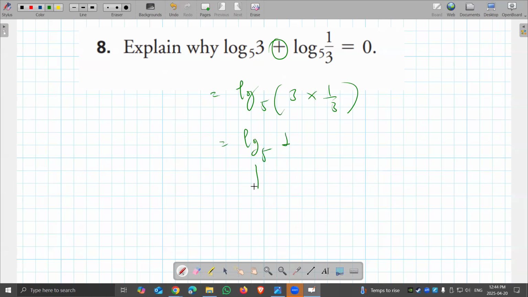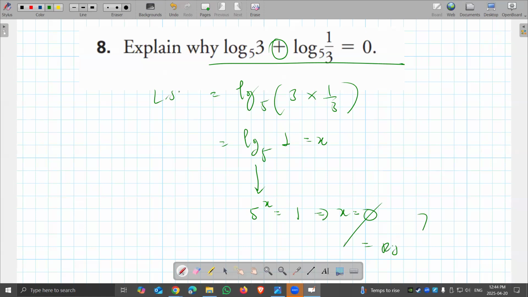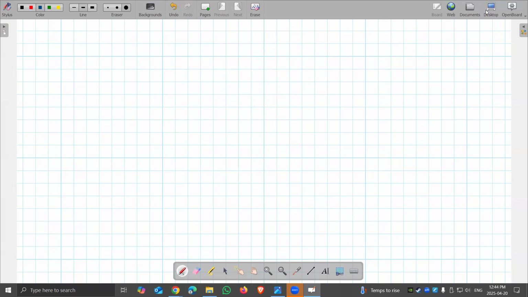Now remember what that means. That means 5 to the power of x is 1. What's x? 0. And that's the proof. Start here, get the 0, and say that's on the right side, and you're done. Again, not that difficult once you know your rules.